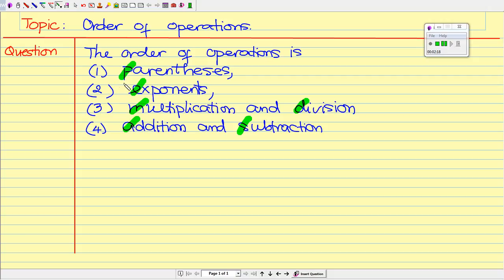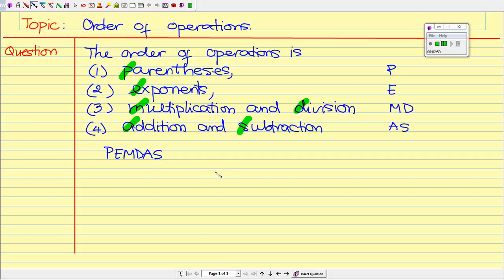And I know that you will say, oh, parenthesis is not an operation, but we are going to put it in here so you can see it starts with letter P, and then E, and then M, D, and then A, S. Now if you connect together, you have PEMDAS.